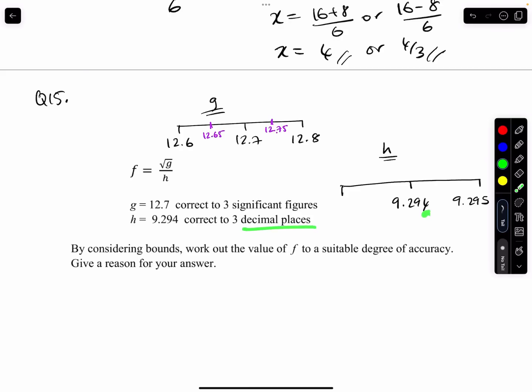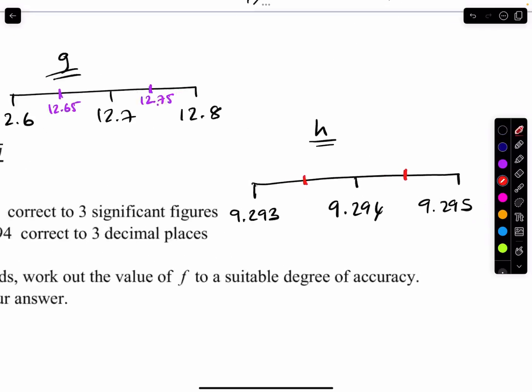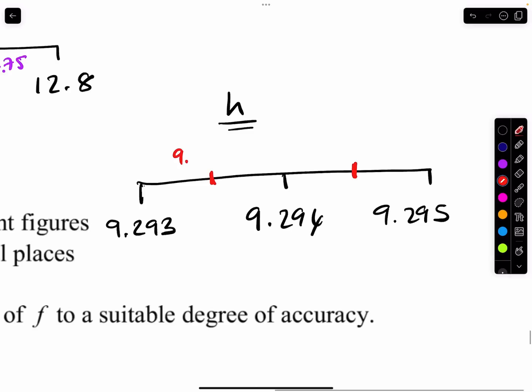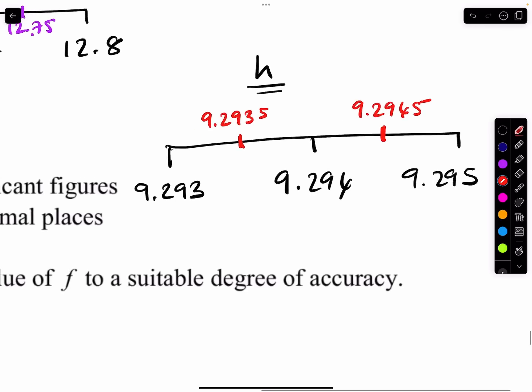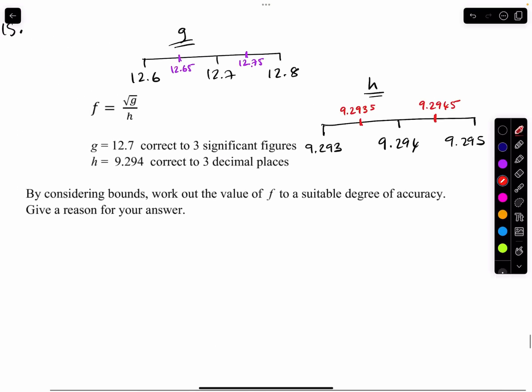This is the third decimal place, so we're just increasing it by 1 going up, and we go backwards on the one before that, 9.293. Then we're finding the values in the middle, so it's going to be 9.2935 and 9.2945. Okay, so this is our bounds done.